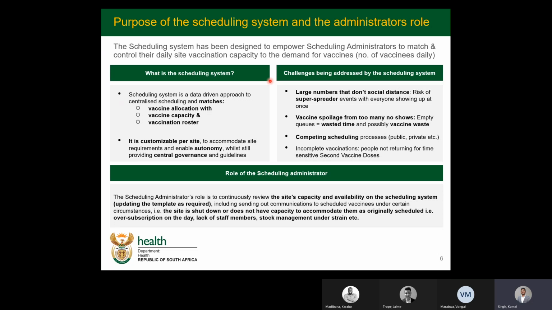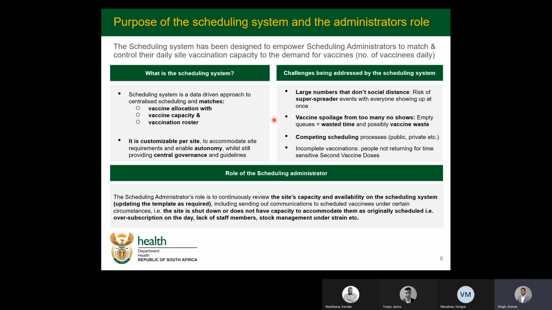So we'll just address some of the challenges being addressed by the scheduling system. The big one is that we try to address the large numbers that don't social distance. The scheduling system helps with that and controls super spreader events, as well as with the required scheduling time and place of your vaccination.